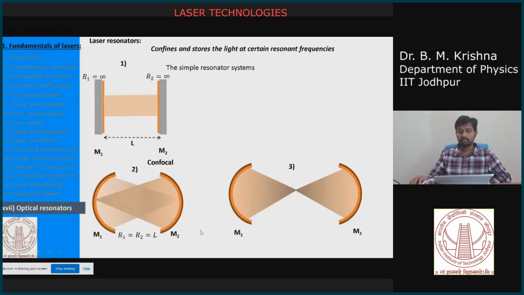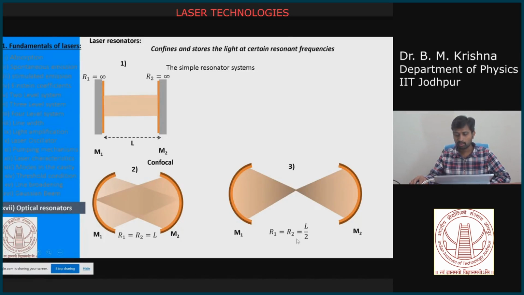And the third one, you have the same spherical mirrors used in the second. Now they are displaced such that R1 equals R2, which equals L by 2.